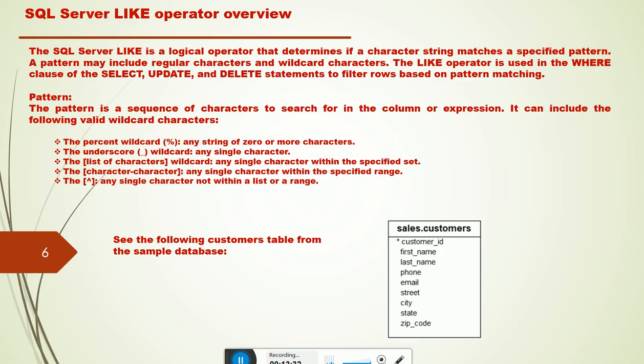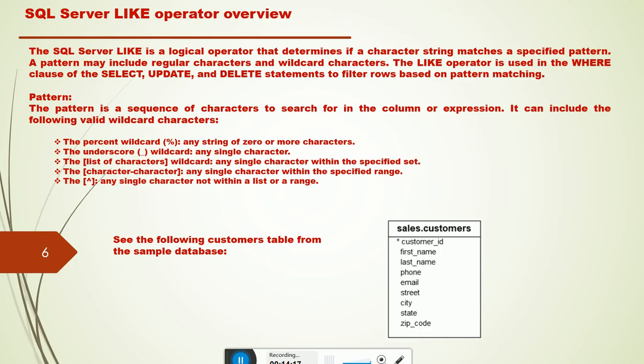If you want to represent any single character, you can use the underscore wildcard. The bracket list of characters wildcard: any single character within the specified set. The bracket with a hyphen: any single character within the specified range. The caret: any single character not within a list or a range. We will discuss them one by one.